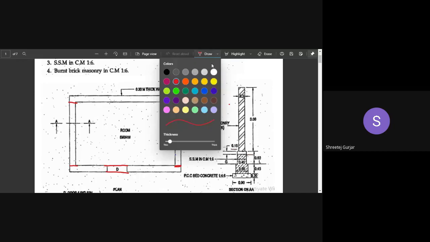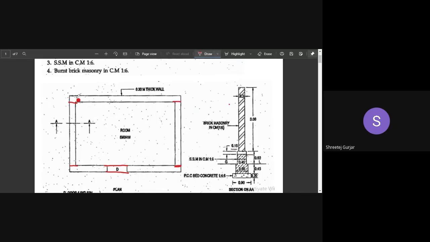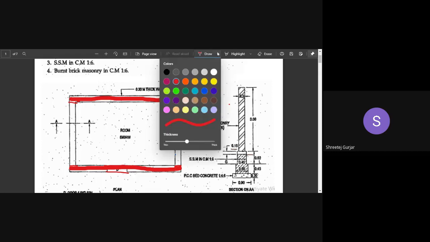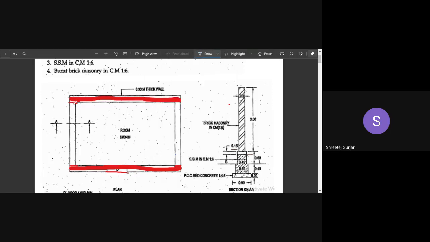I will increase the thickness and shade it so that you will understand. This whole thing is my long wall. I have shaded my long walls, and the remaining two are my short walls. Let me fill them with color. This is my short wall.